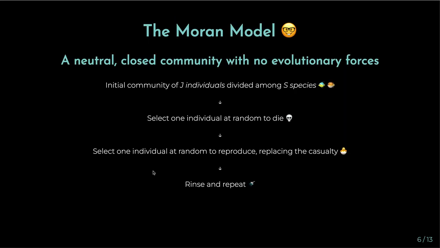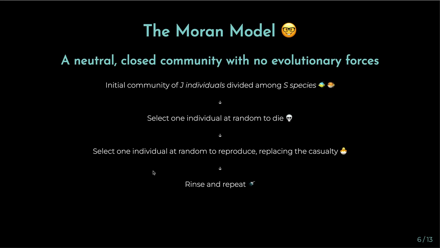Now, the model that we are actually going to play with is called the Moran model, and it comes from population biology, as so many of the other things we've dealt with so far. And the Moran model is a neutral, closed community in which no evolutionary forces are at work in principle.